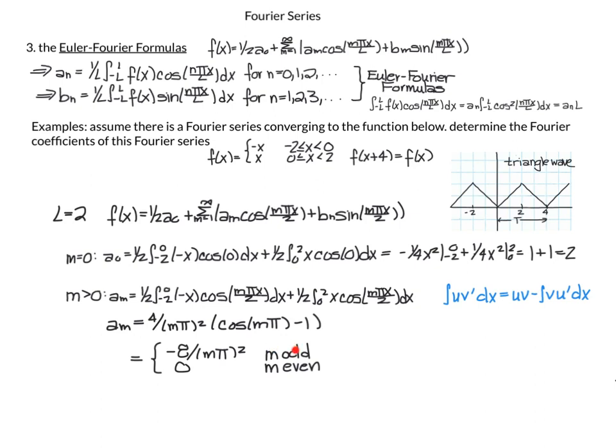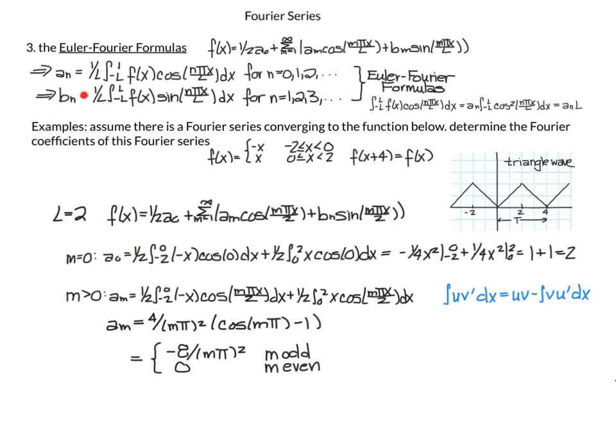And we see when m is odd, cosine of m pi will give us a negative 1, so our answer will be negative 8 over m pi squared. Whereas when m is even, cosine is going to be equal to 1, and so here we'll have 0, so our a m is equal to 0. So now we have a solution for our a m and a naught.